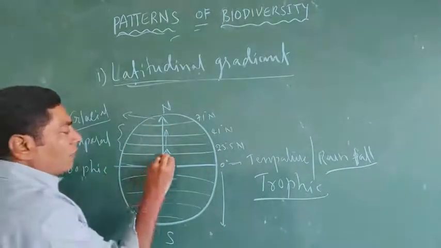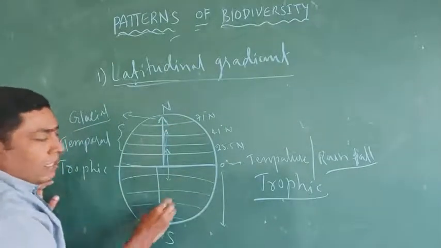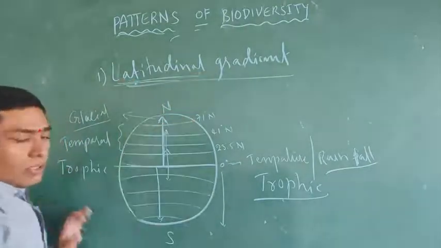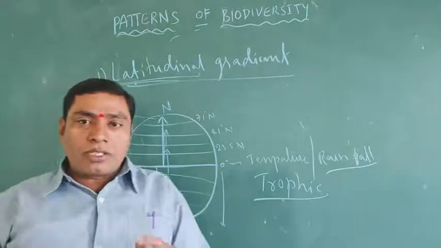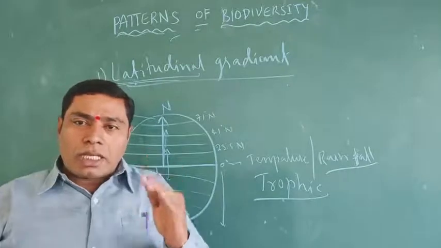The biodiversity decreases from the equator to the polar region. It means that when the latitude increases, the biodiversity and the speciation decrease.